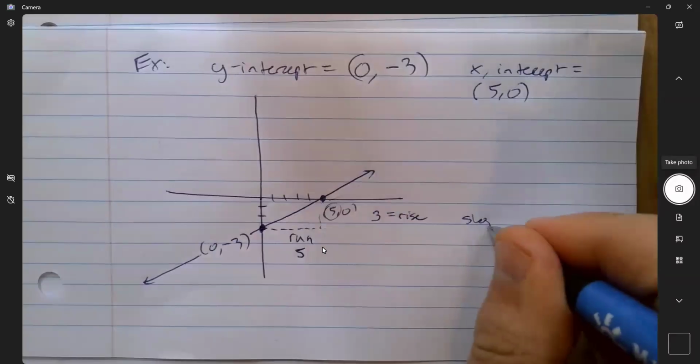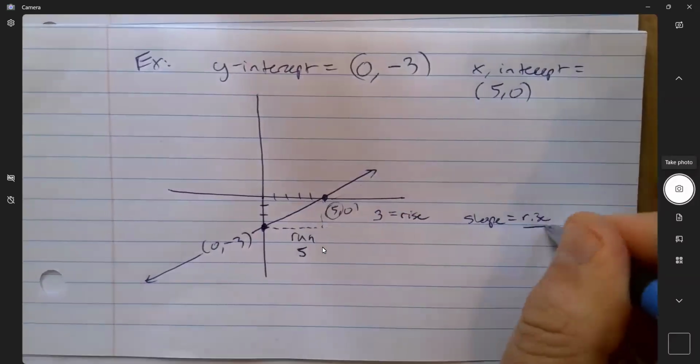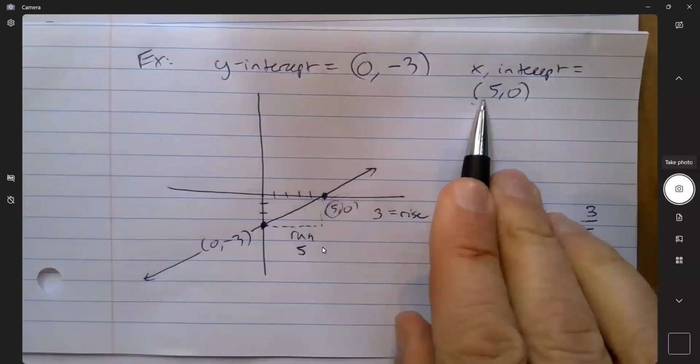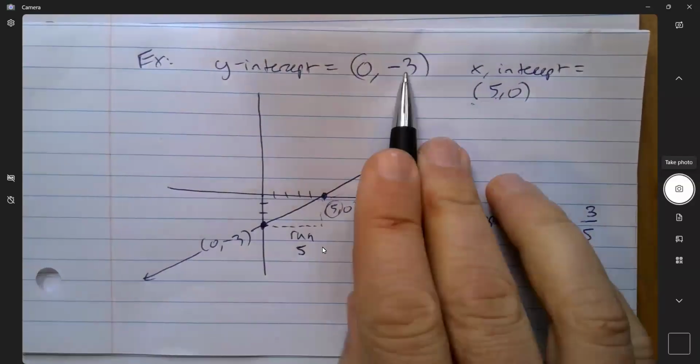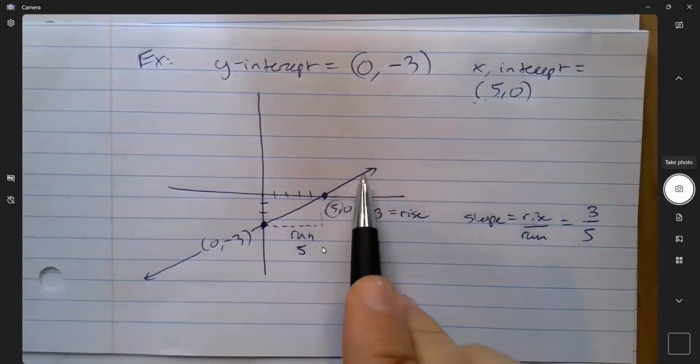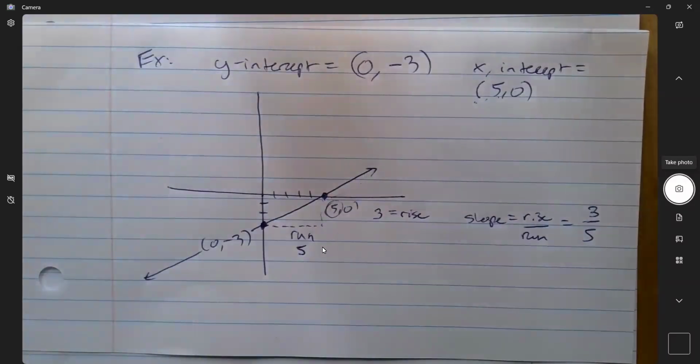So the slope, which is rise over run, is 3 over 5, which you get to see right there in your intercepts. And all you have to do is keep track of whether this should be a positive 3 over 5 or a negative 3 over 5. And drawing your graph first makes that decision very easy.